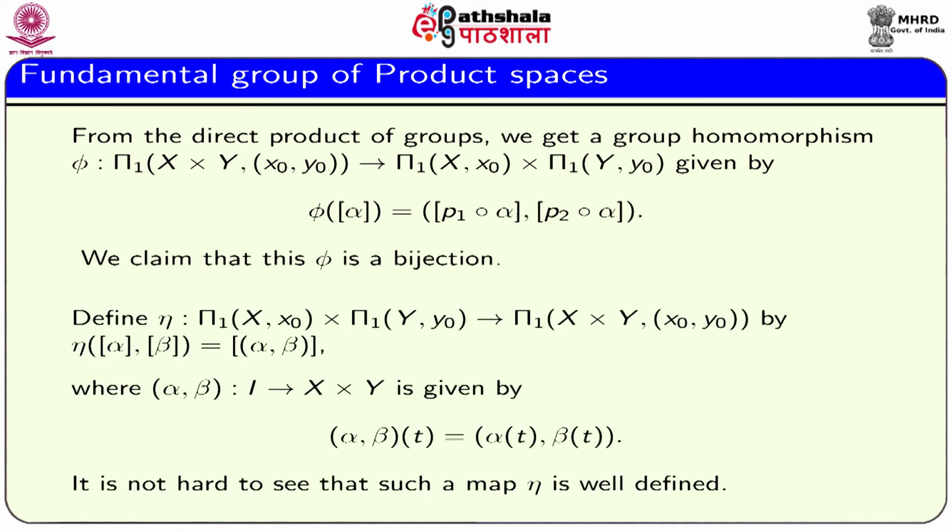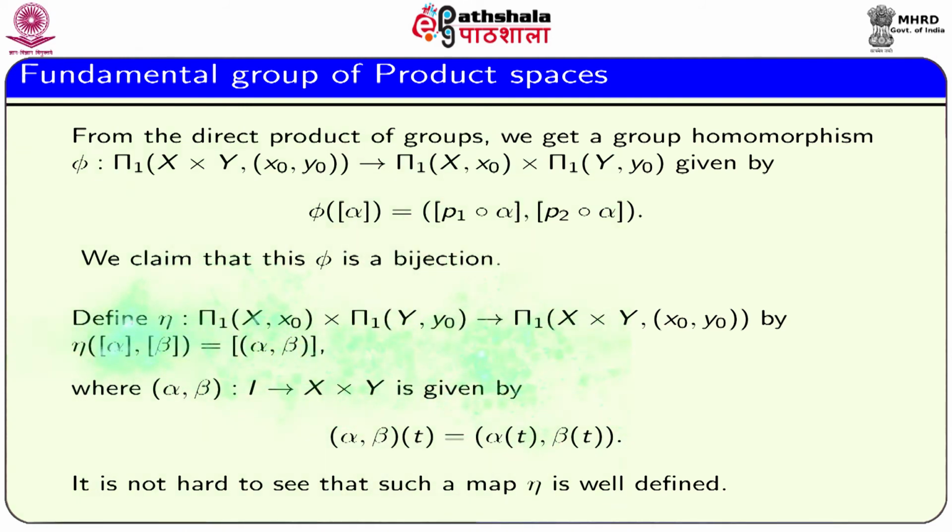We claim that this phi is a bijection. For this to be a bijection, we need to show that there exists another function, call it eta, in the reverse direction such that it becomes the inverse of phi.